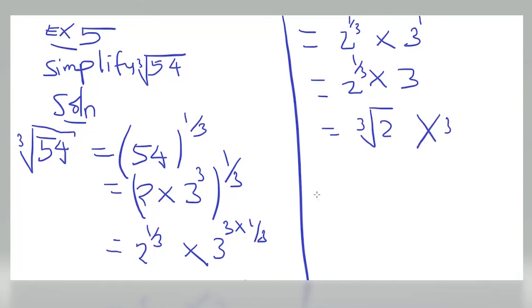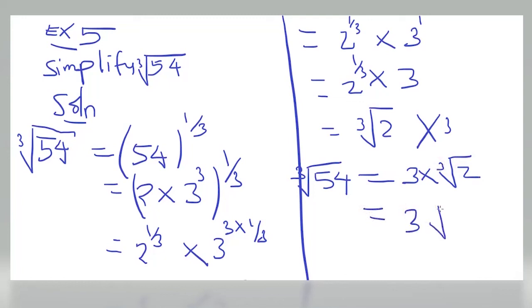Now, finally, I can say the third root of 54 is equal to 3 times the cube root of 2. That is the answer of that question.